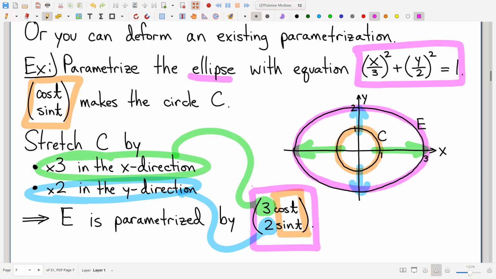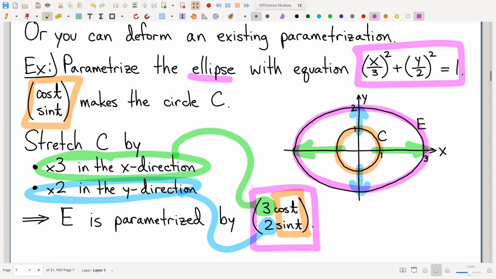Does everybody buy it? Okay, now you may be a little concerned. I made this assertion that an ellipse is exactly what you get when you stretch out a circle.